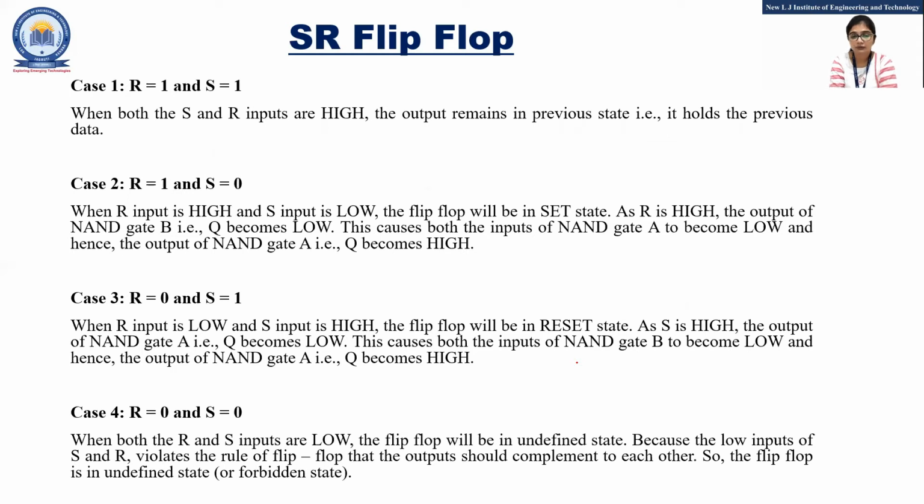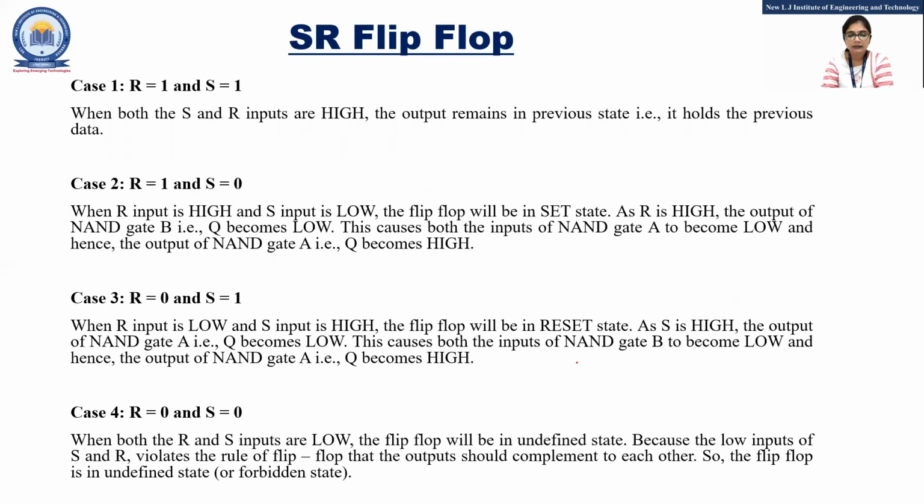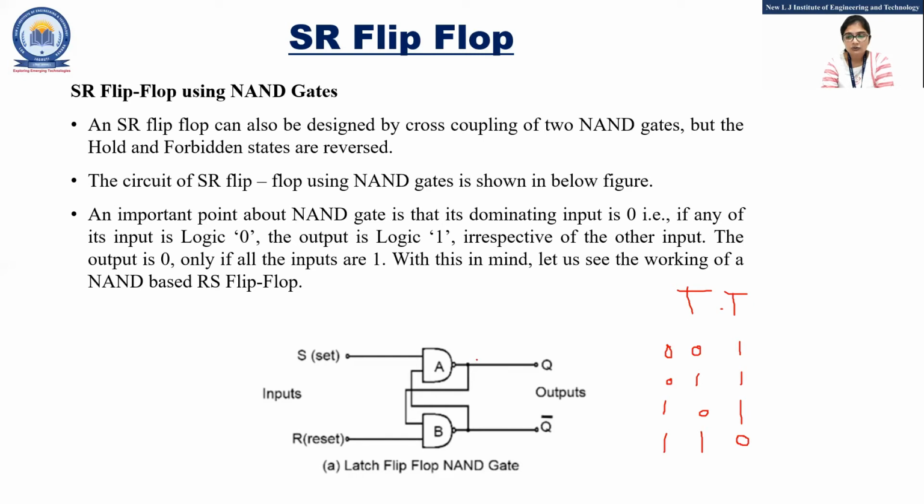Now the case 2, R is equal to 1, S is equal to 0. Fine. Whenever one of the inputs is 0, output will be 1. Here I am applying S is equal to 0. So output of this gate will be 1. Here we are applying S is equal to 0 and R is equal to 1.